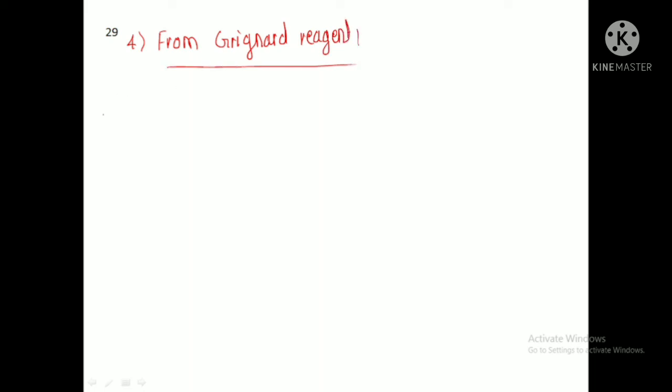From Grignard reagent. Grignard reagent is RMgX. If you treat it with carbon dioxide, that is dry ice, carbon dioxide in dry ether, the Grignard reagent reacts with carbon dioxide in the presence of dry ether to form RC double bond O OMgX.